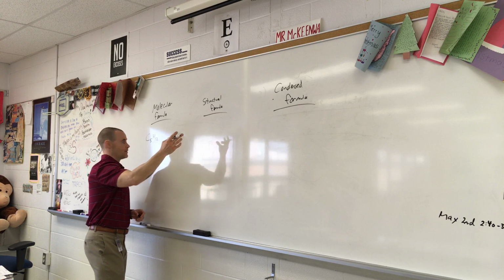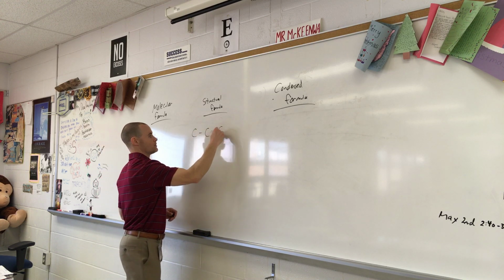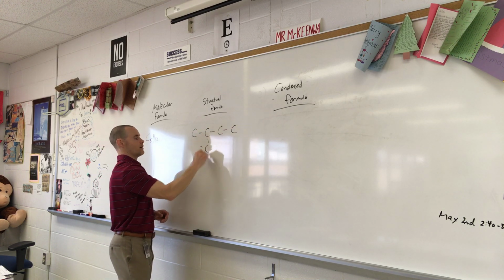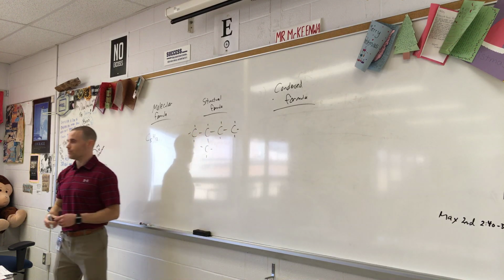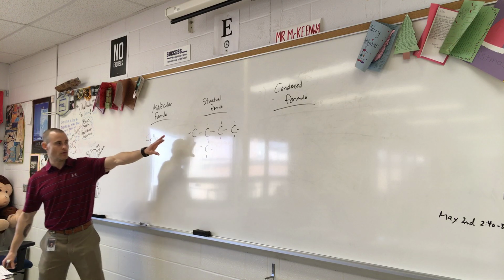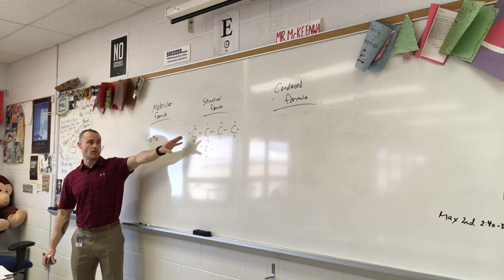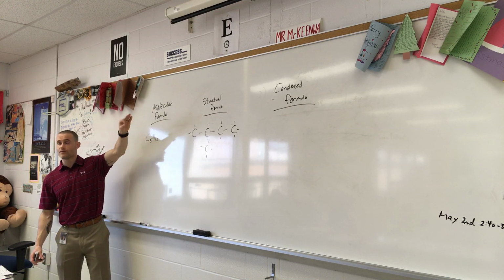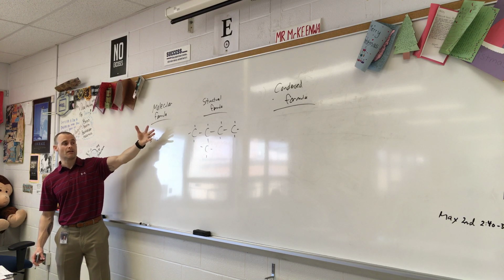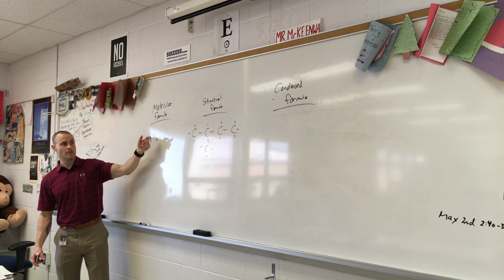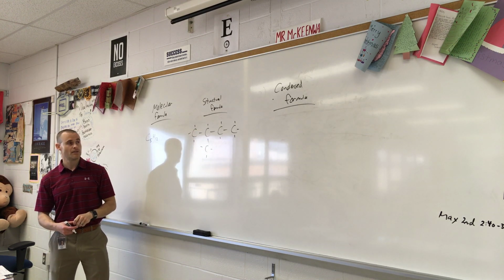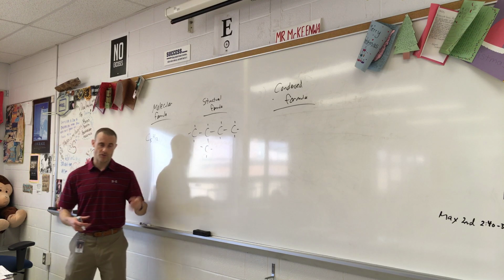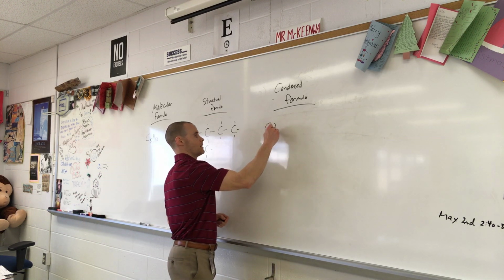If not, figure it out. 1, 2, 3, 4 with a C down here. So we did this a few times already. That's 2-methylbutane. I'm not showing you this to practice naming this. I'm showing you because I want you to see the 3 different ways you could see the same thing. C5H12 is the same thing as this structure. There's 5 carbons, 12 hydrogens. The condensed formula. Let me just draw it and then explain.